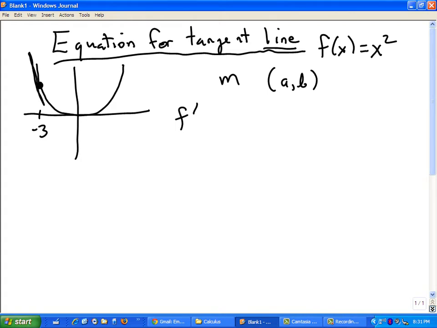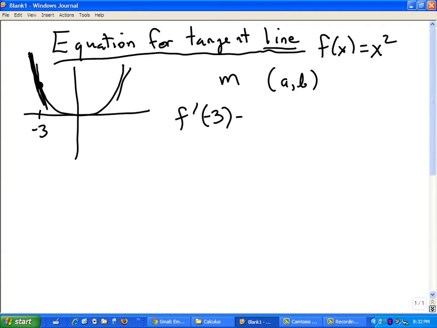It's the limit of the lines that are not quite tangent, but that would be nearby. And in this case, I want the derivative, the slope of the tangent line, at -3. So this means this tangent line's slope, as opposed to some other tangent line slope that I'm not interested in.